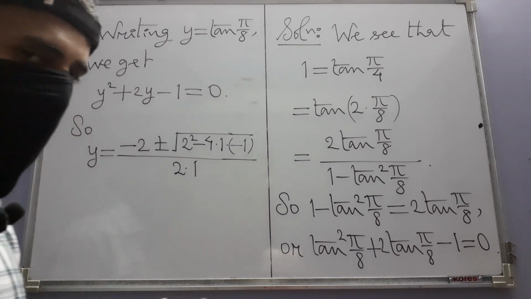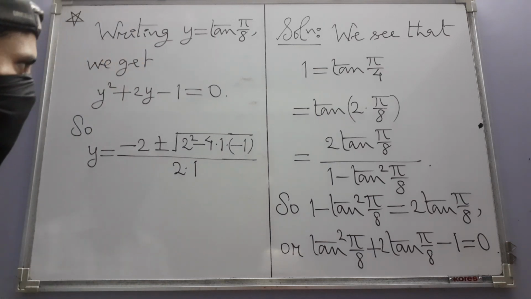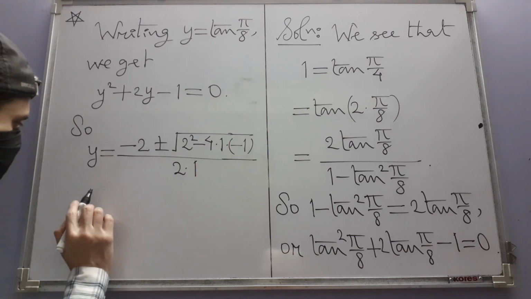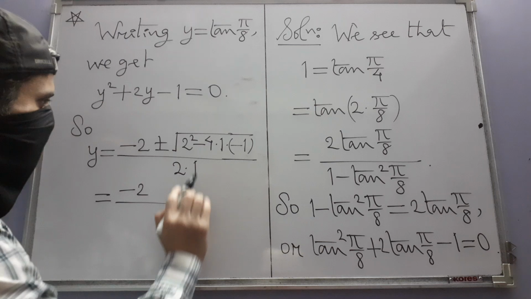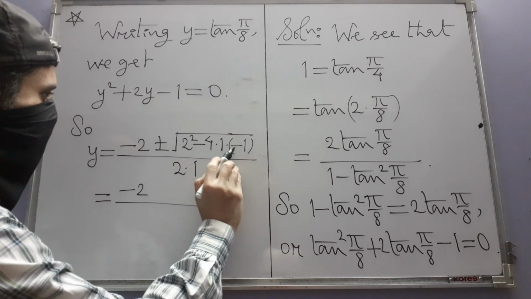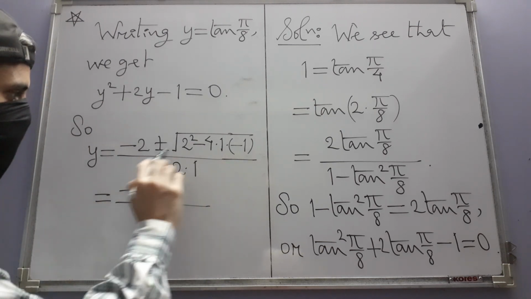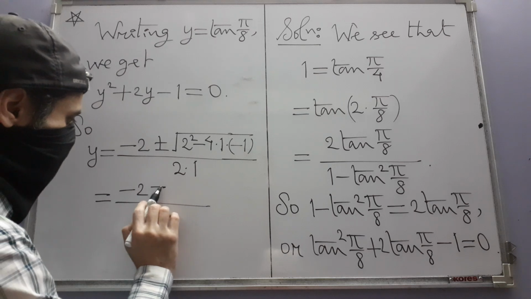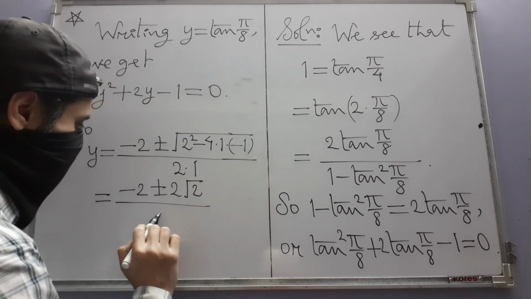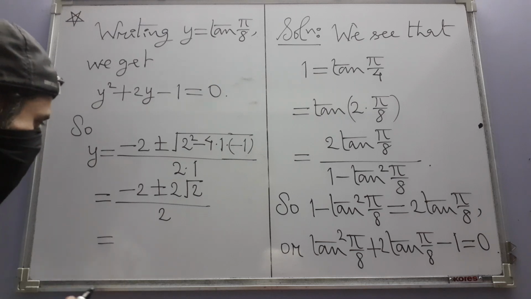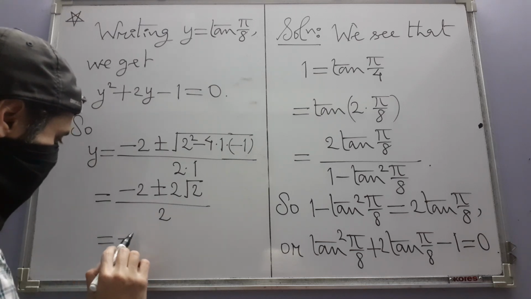You know what a, b and c are that I am talking about here. A y square plus b y plus c equal to 0, that thing. Minus 2. So this will be 4 and minus minus will be plus. 4 plus 4 is 8 and square root of 8 is also 2 times square root of 2. And if you divide by 2, you get this.